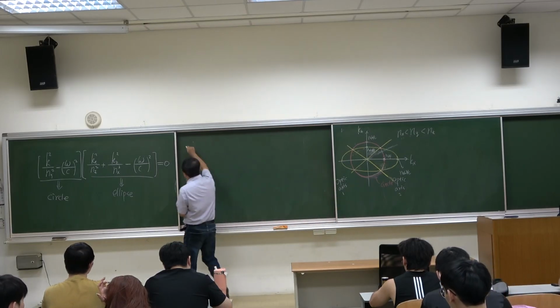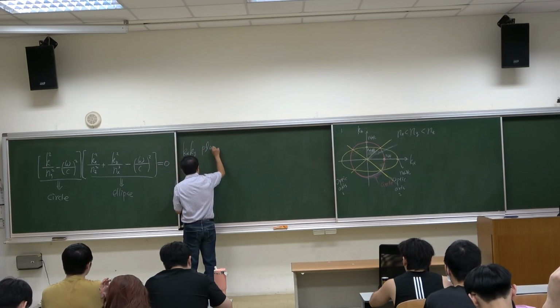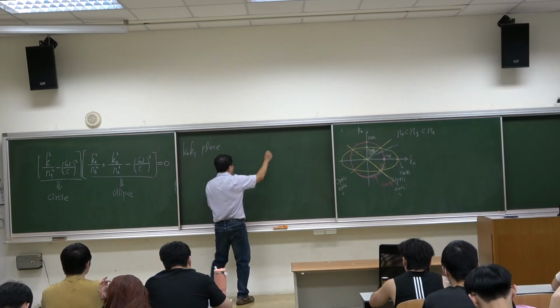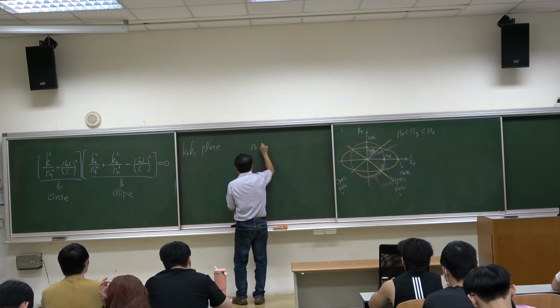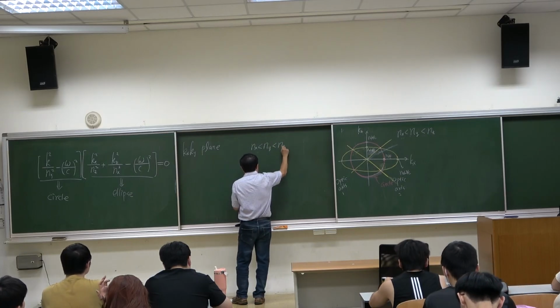Now we consider the KX, KY plane. We still have the result that NX is smaller than NY is smaller than NZ.